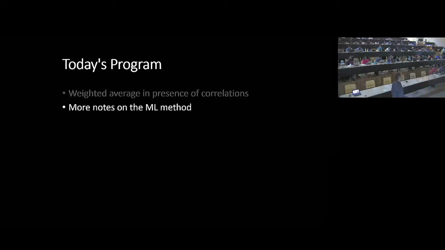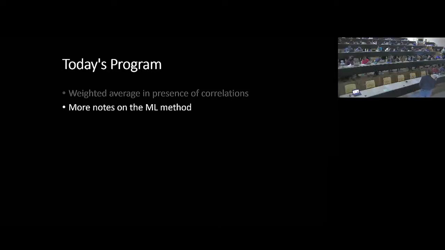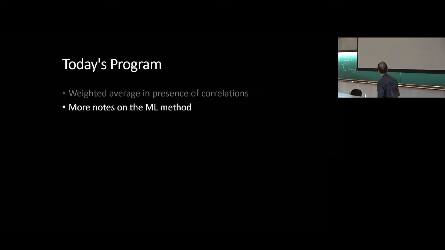And we will have a few more notes on the maximum likelihood method. I will actually insert a little bit of dealing with this likelihood fitting of the shower example. If this evening I have a little bit of time, I will work out the solution to the problem that we were dealing with a little bit earlier.